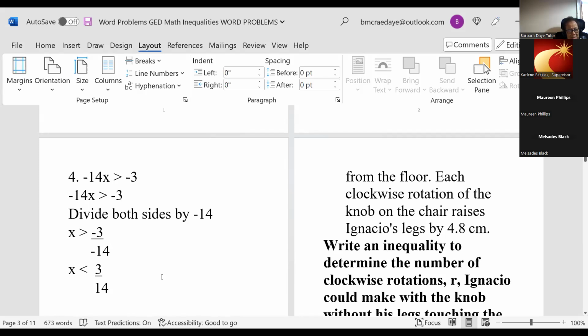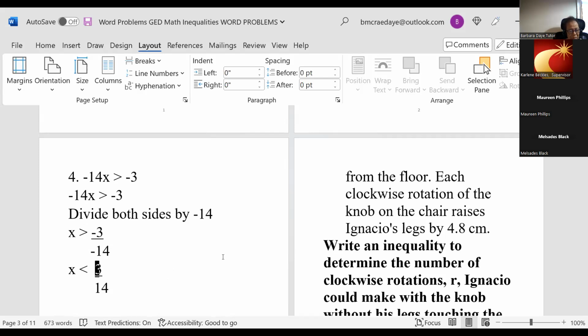And since I divided by negative, I reverse from greater than to less than. Remember the rule: when you divide or multiply by negative, you reverse the inequality. Got it?